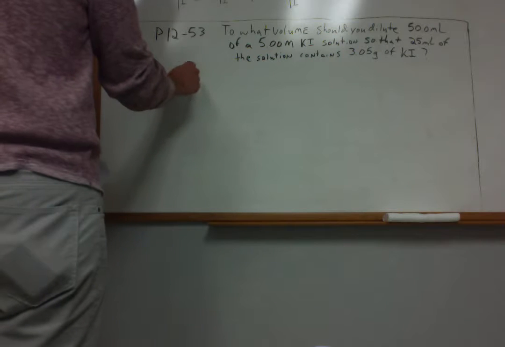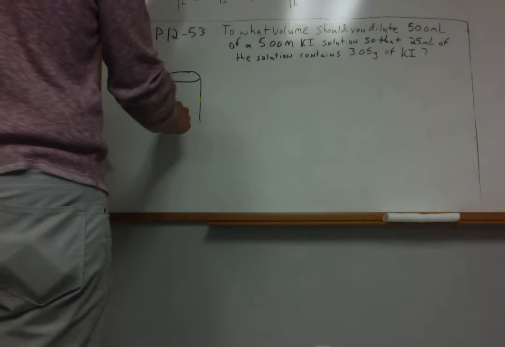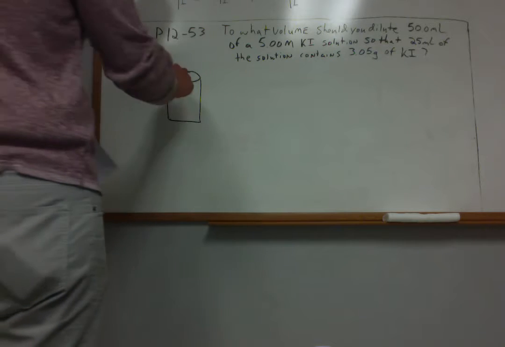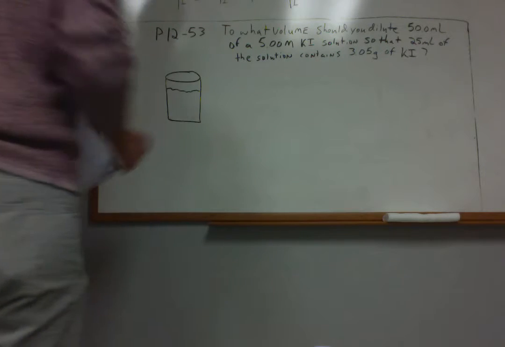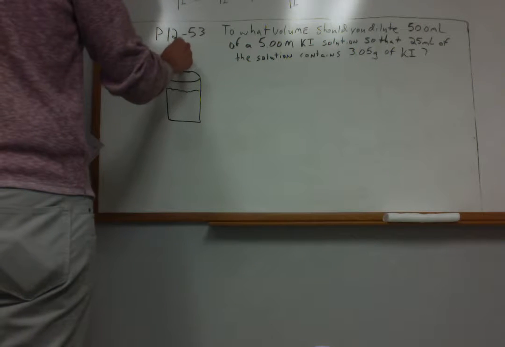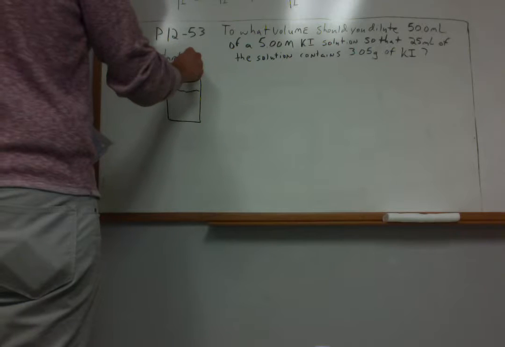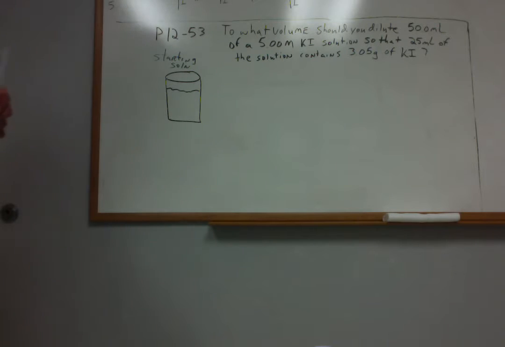Basically what it's telling us is we have a starting solution and then we're going to have a desired solution, okay? What are the characteristics of the starting solution? I like to draw a little picture to keep my mind wrapped around what's going on here, because otherwise it can get pretty confusing, okay?